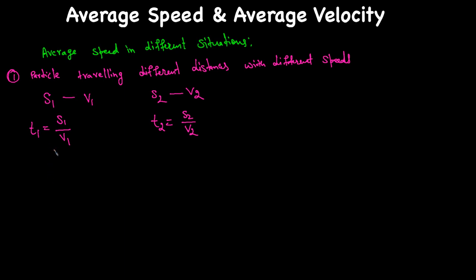In this case, you remember the average speed was total distance traveled over total time taken. The total time is going to be t1 plus t2, and the total distance is going to be s1 plus s2, because s1 is the first interval and s2 the second.